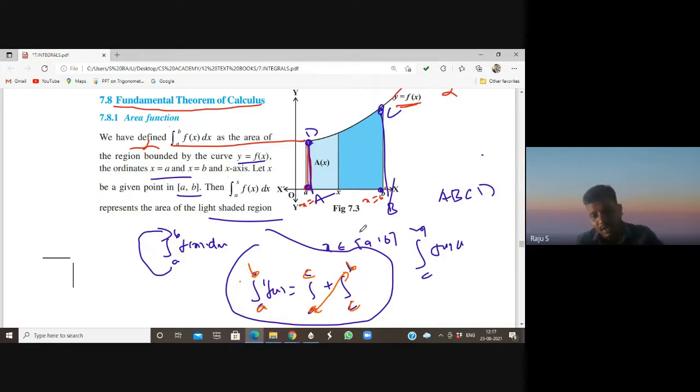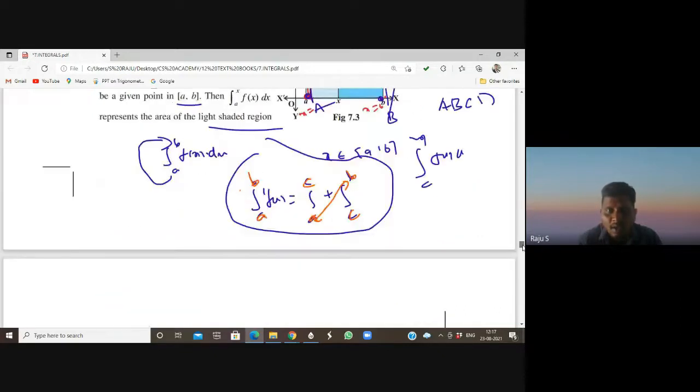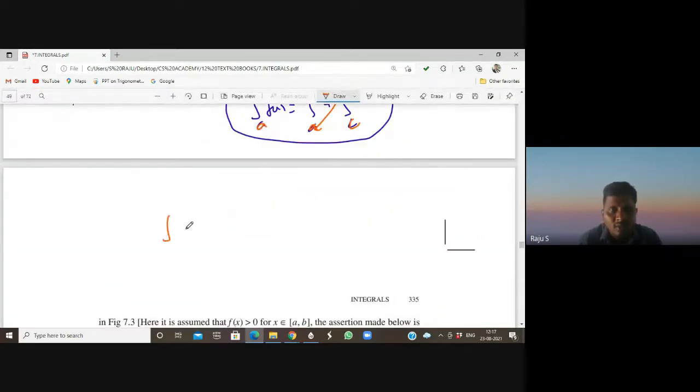To find the length, the area, the volume, we can use integrals, applications of integrals. If we evaluate only the given integral, then in higher studies we are going to study double integration and triple integration. A triple integration is useful for finding the volume of the given curve, dx, dy, dz. Here f is nothing but f of x comma y comma z, a function in terms of x, y, z.